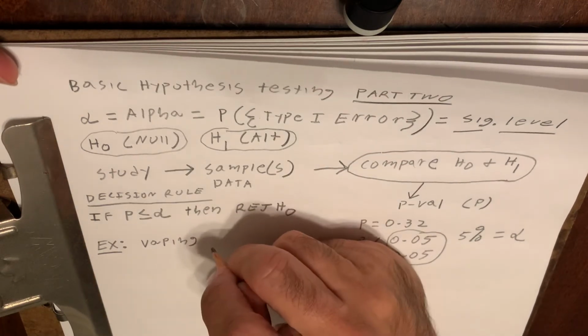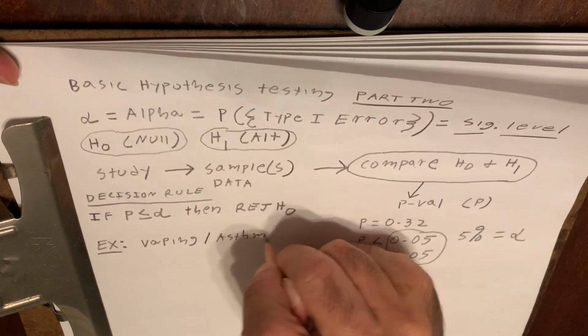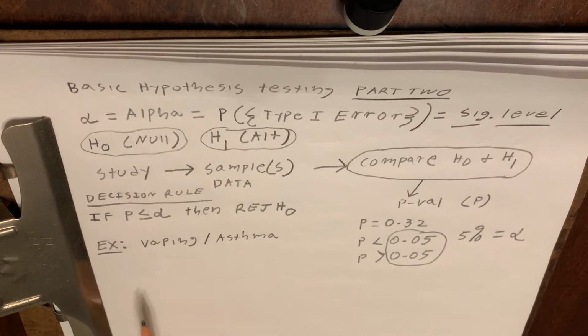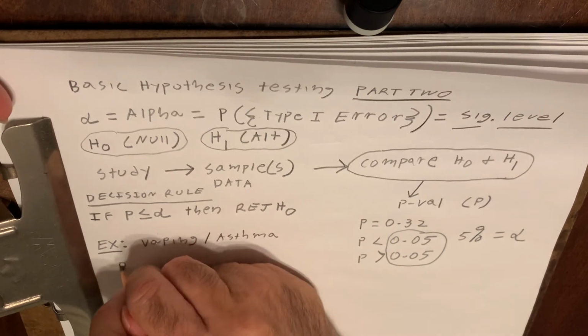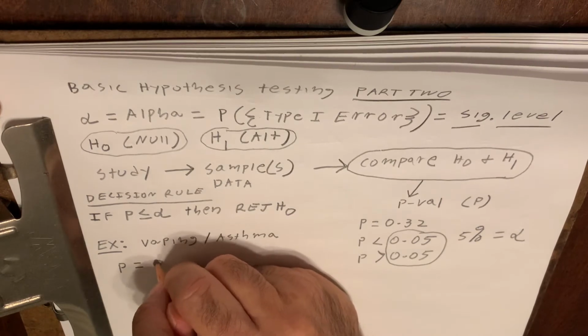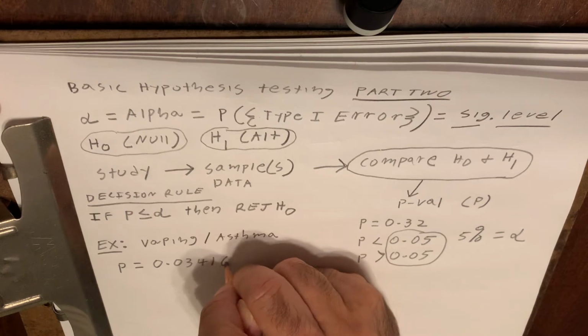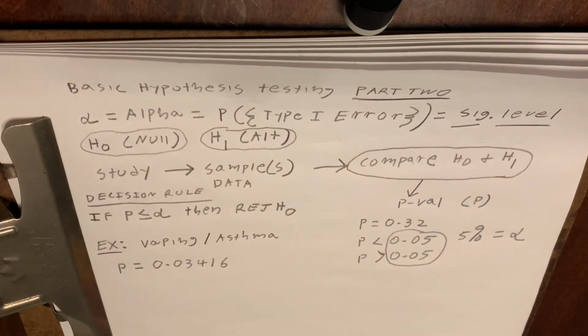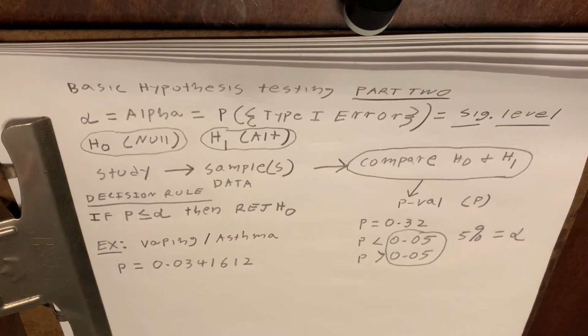Let's say our vaping asthma study to see if there is a link between vaping and asthma that we do on the computer spits out a p-value, and I'm just making this up, of 0.03416. And really the computer will probably put a few more digits on there, probably 8 digits is what's going to come out of a computer.